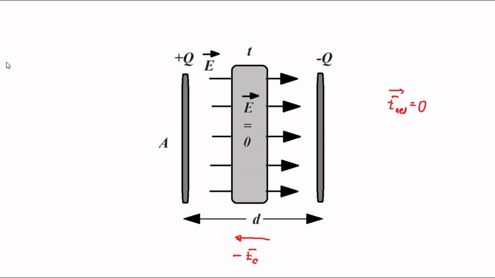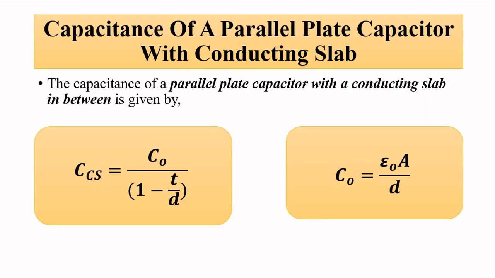So the capacitance of this variation of parallel plate capacitor, with a conducting slab in between, is equal to C0 by 1 minus t by d, where C0 is the capacitance of the parallel plate capacitor with no conducting slab in between, which is equal to epsilon 0 A by d, as we know.